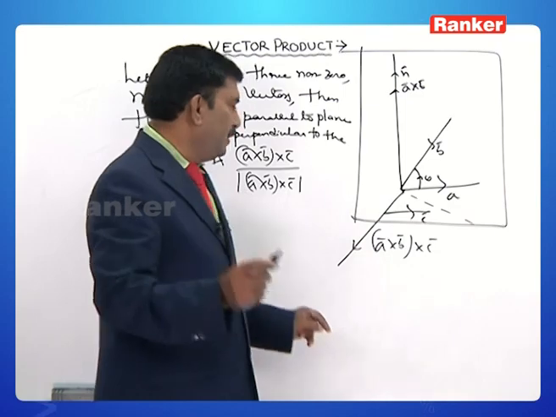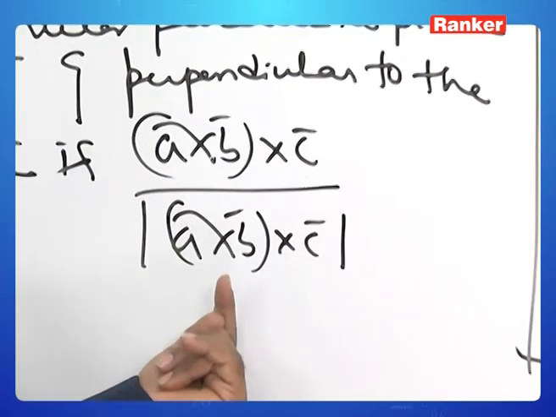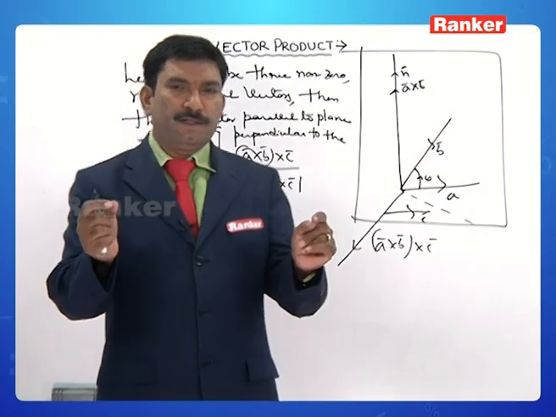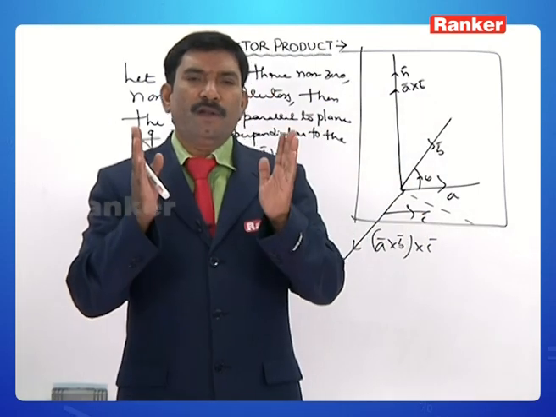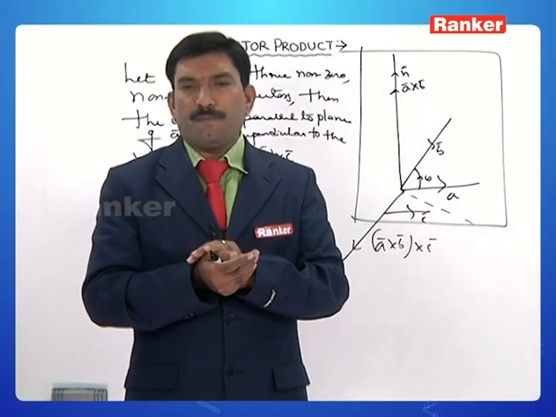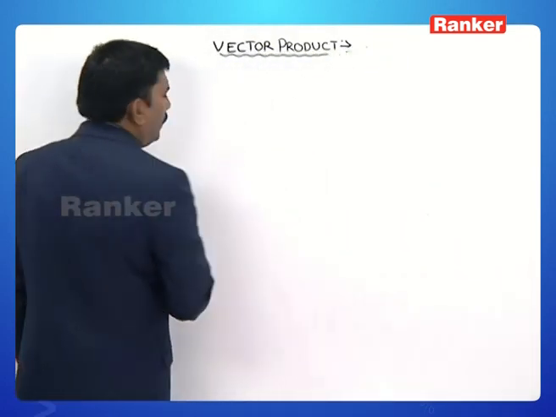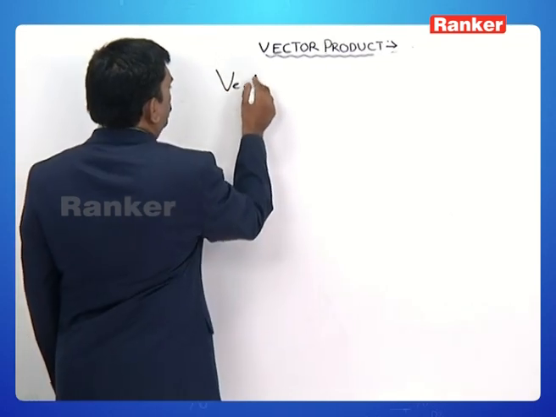So therefore, remember, A cross B cross C bar by modulus of A cross B cross C bar is the vector which is parallel to the plane of A bar and B bar and perpendicular to the vector C bar.